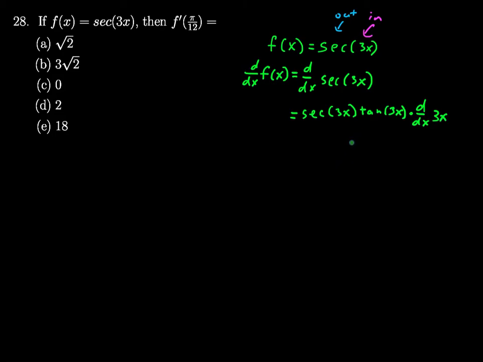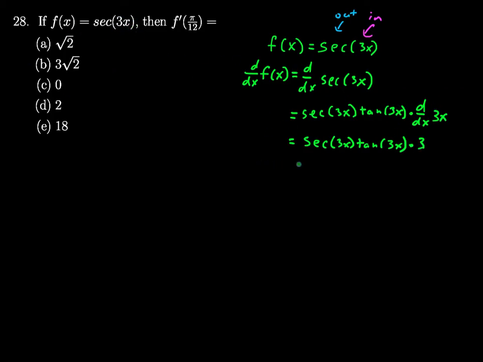Okay, so now I go ahead and do the next step in the chain. I still have my secant of 3x multiplied by the tangent of 3x. And now the derivative of my inside function, the derivative with respect to x of 3x, is 3. If you get really good at this, you don't even need to write this out. You can just look and see that I have this 3x and I bring it out.